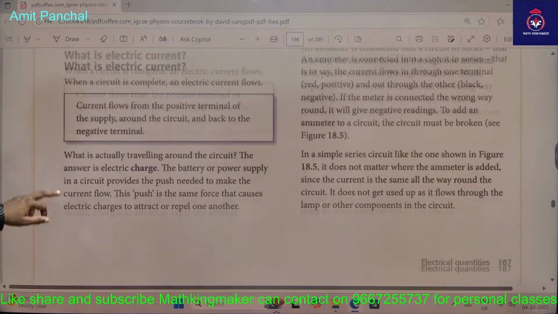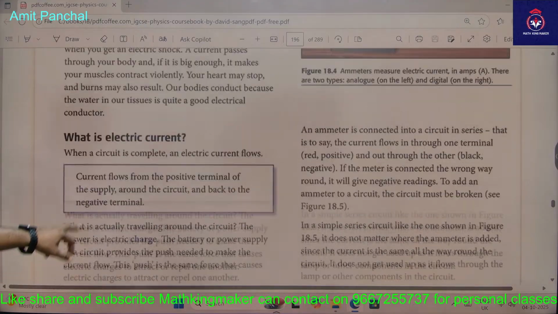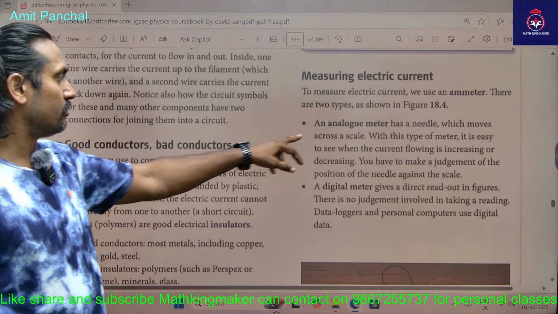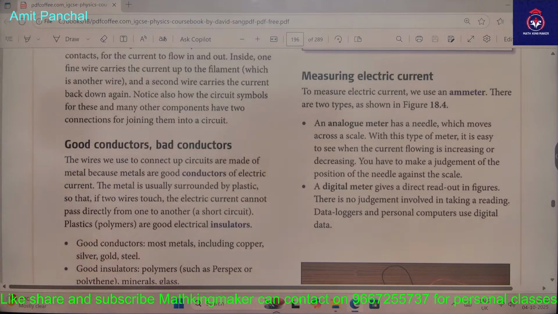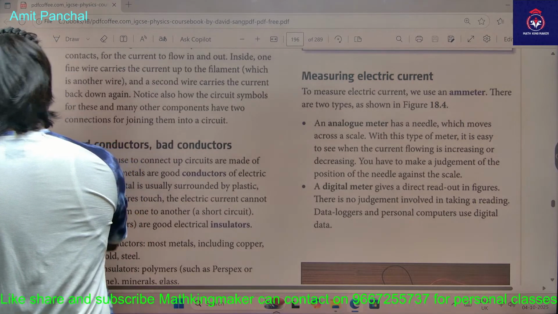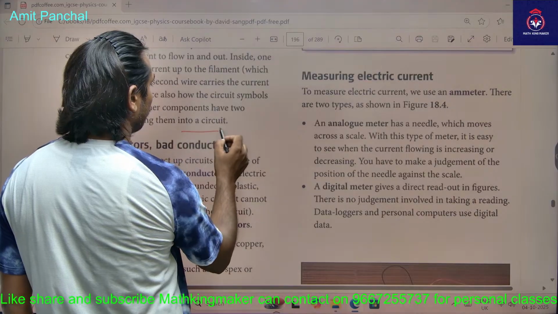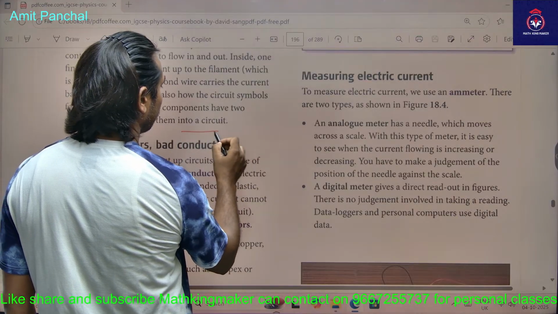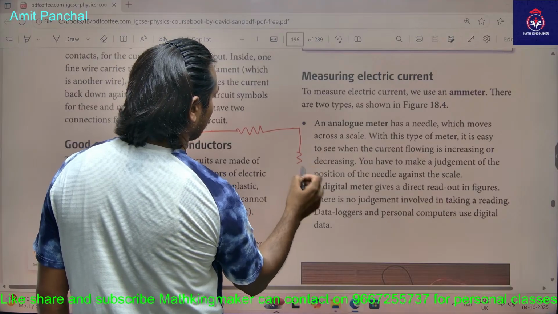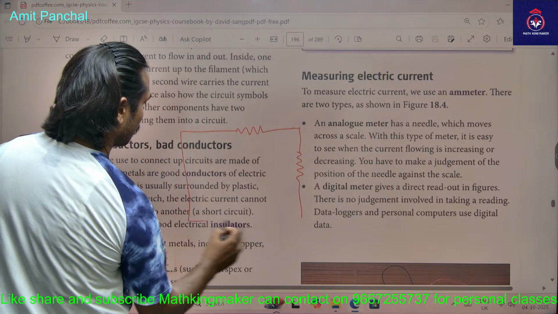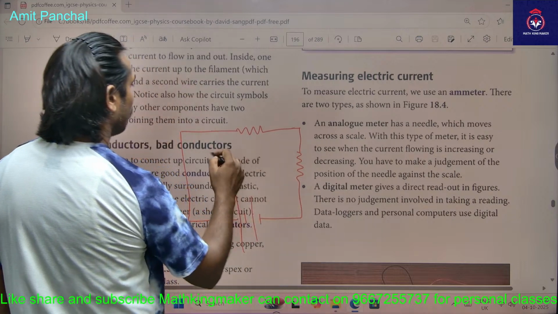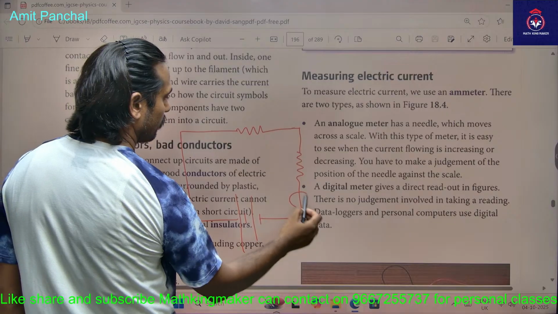I already told you. Electric current is measured by an ammeter. Whenever you want to measure electric current, like if this is your circuit, this is your cell, you have a fan here.